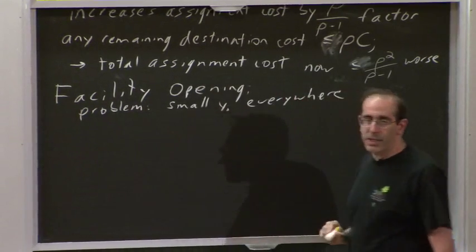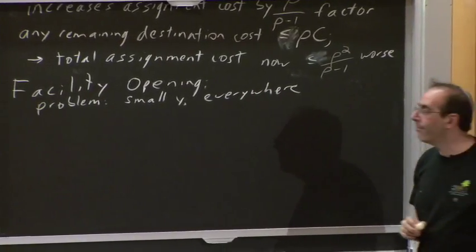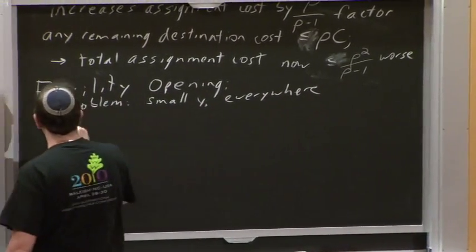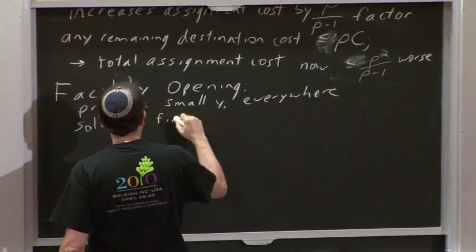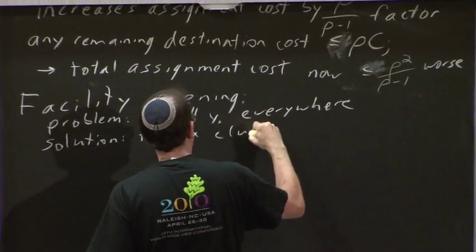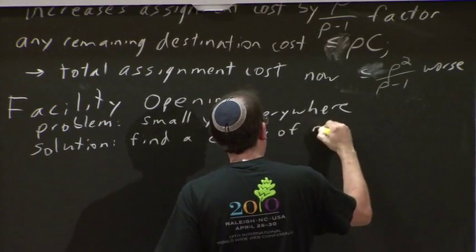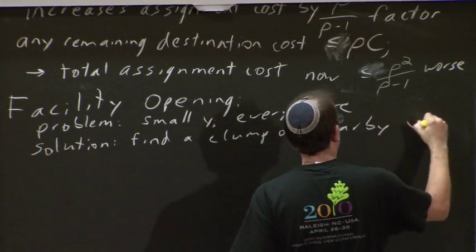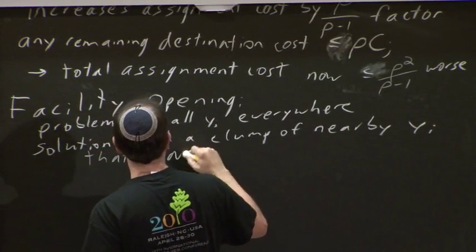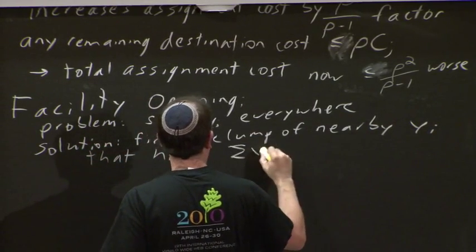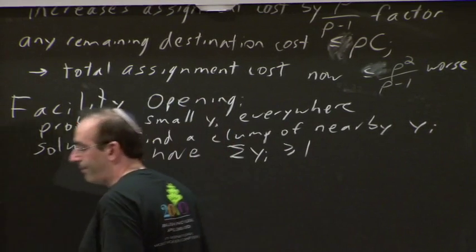Because then we can't really justify opening any of them. The solution that we're going to use is to find a clump of nearby yi's that have a total large.